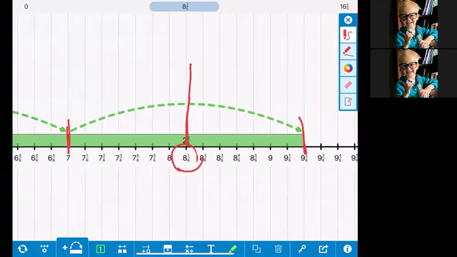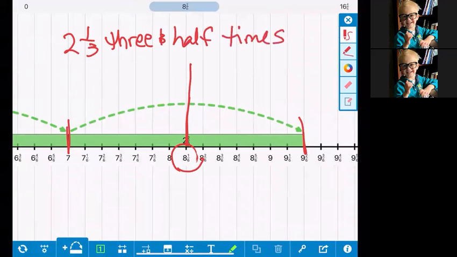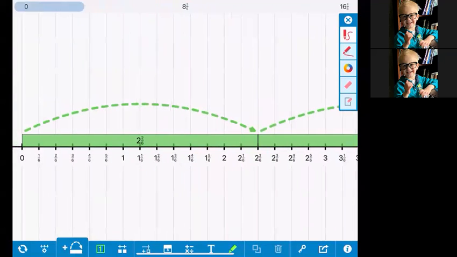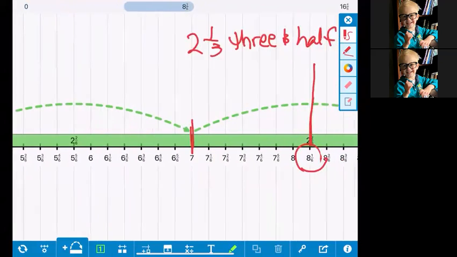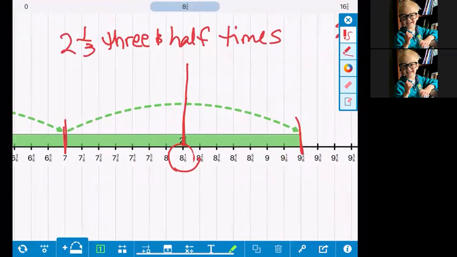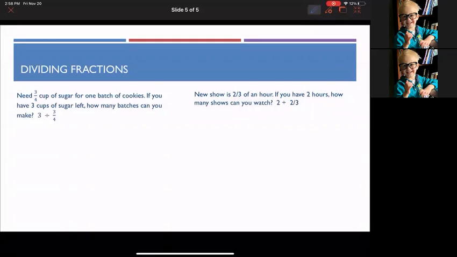And that's how we get 2 1/3, 3.5 times, right? 1 whole time, jump 2 whole times, jump 3 whole times, and then we want to stop, right? This would be 4 whole times. So we stop here at this 3.5 times.